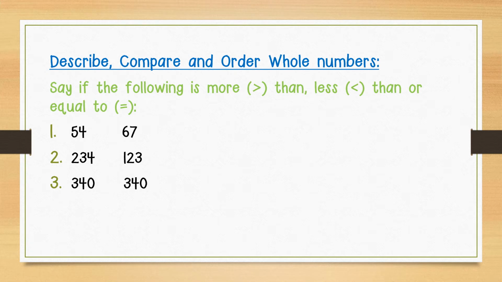Describe, compare, and order whole numbers. So here we have to say whether it is more than, less than, or equal to. When we are doing more than, less than, and equal to, we must remember that the symbol for more than points to our right hand side, which tells us that the number is increasing or getting bigger.